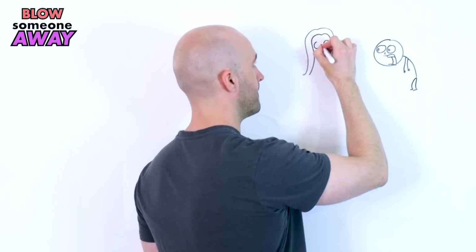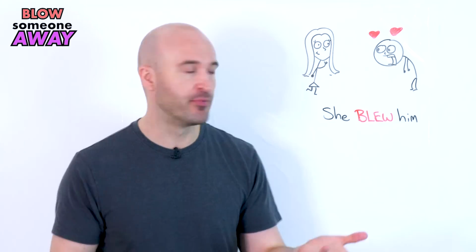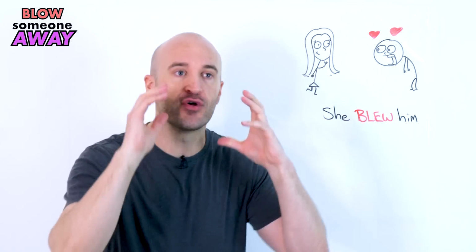And finally, of course, there are phrasal verbs with away which don't use the common meanings of away. But they're very common and important and you should learn them. First one is to blow someone away. For example, you meet someone and you fall in love instantly.